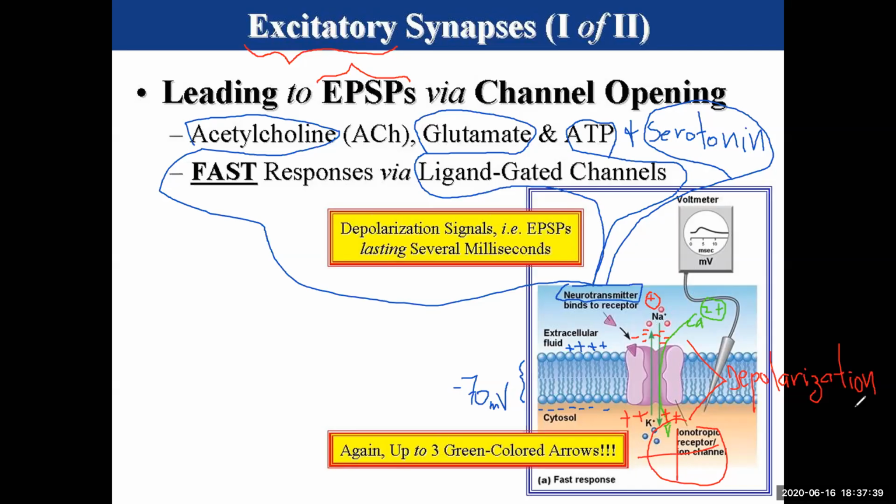Depolarization means you're just flipping the polarity of that particular location on the cell membrane. Okay. And basically what it means is the cell membrane no longer at minus value, it will move toward a positive value, for example, plus 60 millivolts.